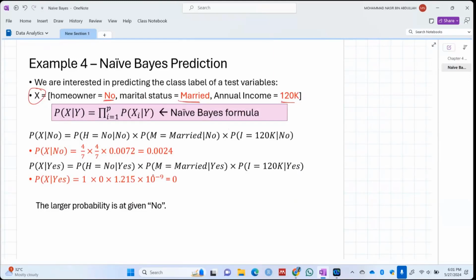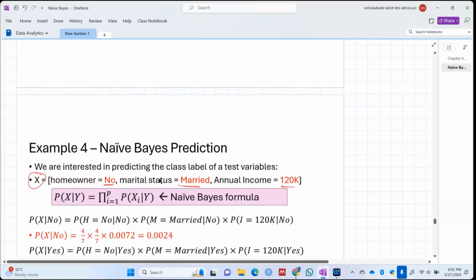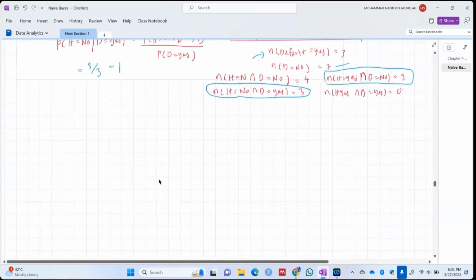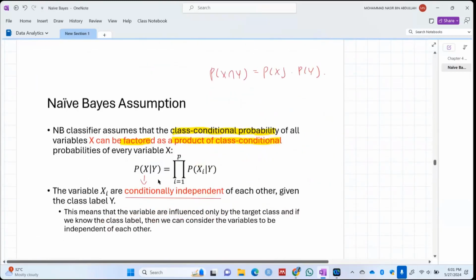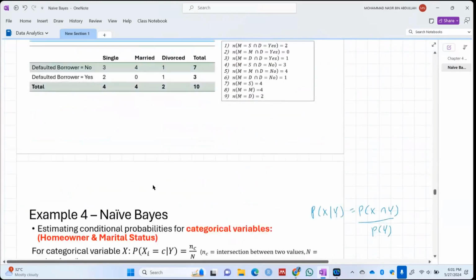As I said just now, the naive Bayes assumption, if you remember the previous slide, is to assume that the class conditional are independent. Means that we need to take a product of each X value.